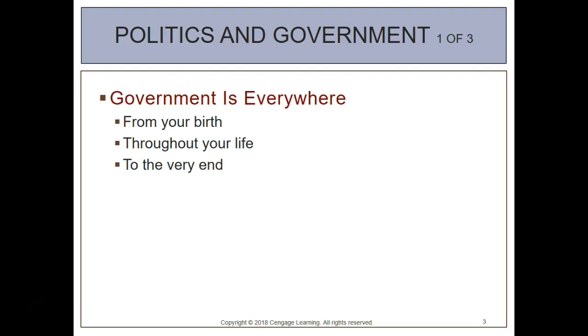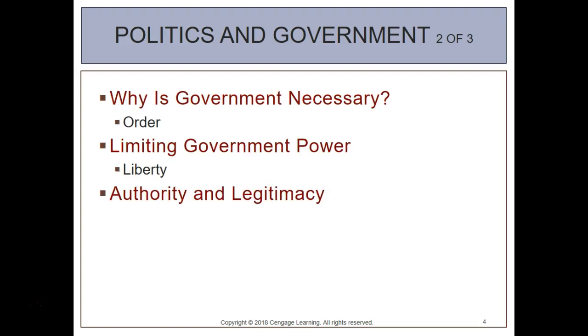But you do have things like a birth certificate and a death certificate and things that are recorded throughout your life. The basic things in terms of why is it necessary to promote order? This goes back a long way that you learned in the textbook.